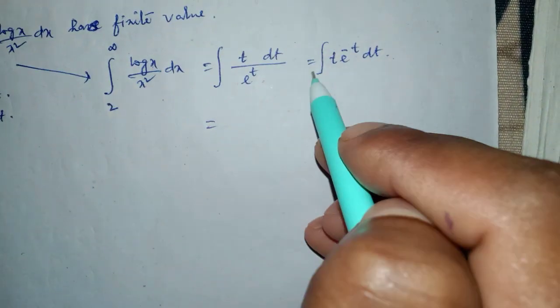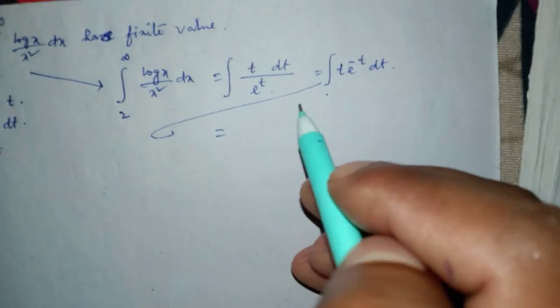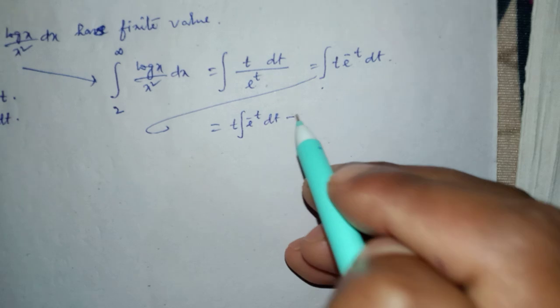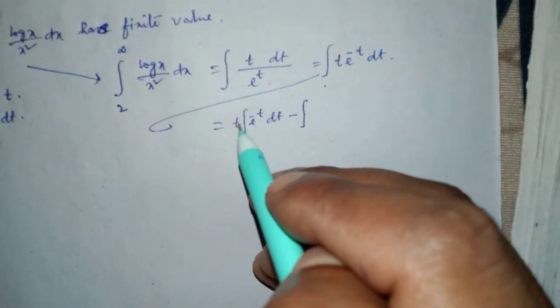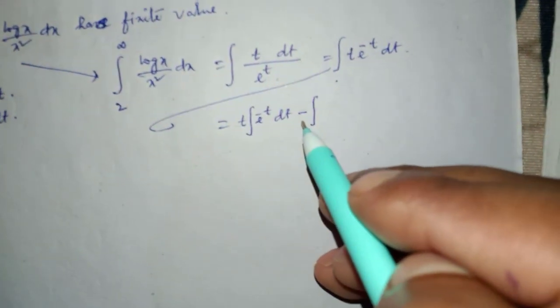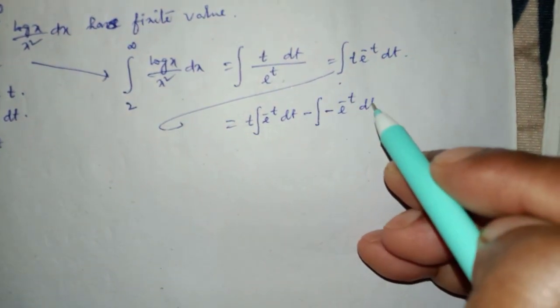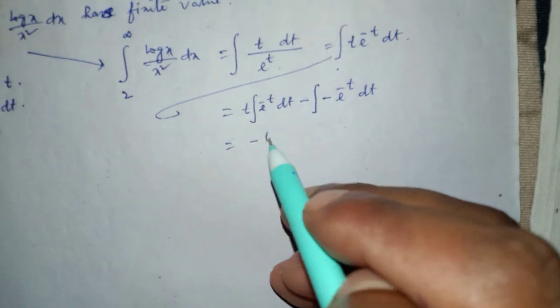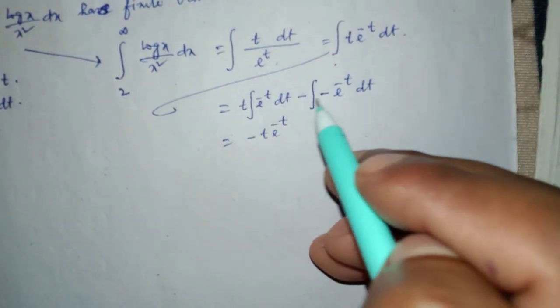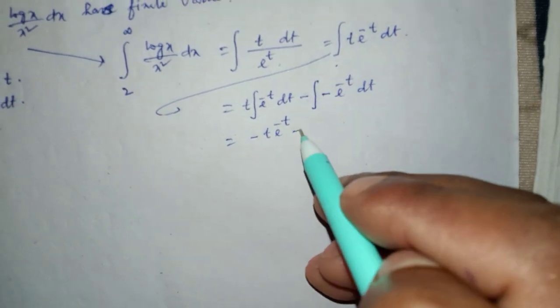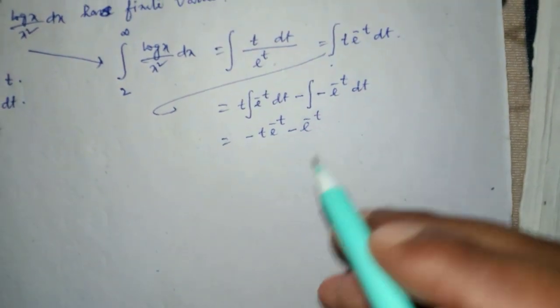By integration by parts, the derivative of t is 1 and the integration of e to the power minus t is minus e to the power minus t. So it is equal to minus t e to the power minus t plus integration of e to the power minus t, which is minus e to the power minus t.